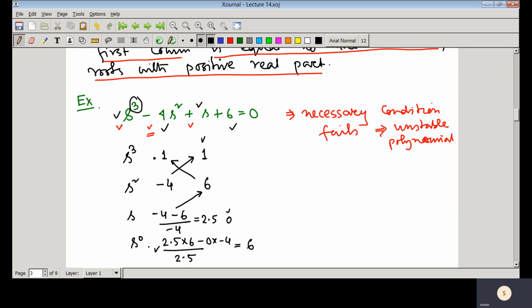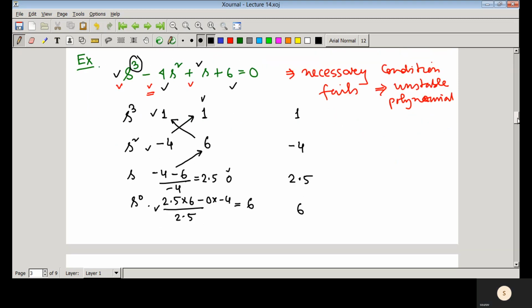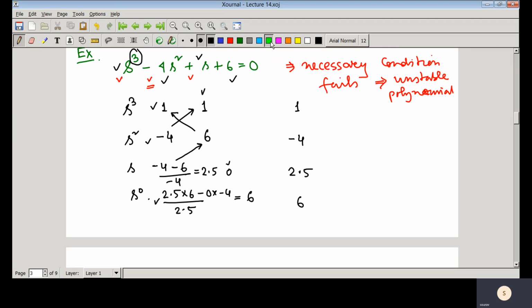In the first column we have 1, -4, 2.5, and 6. So you have positive, negative, positive, again positive.